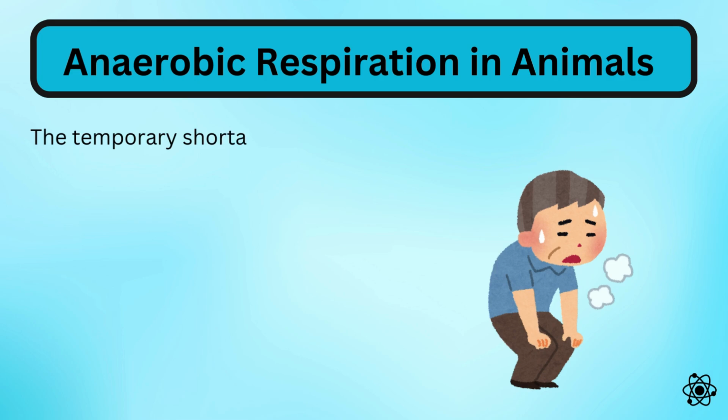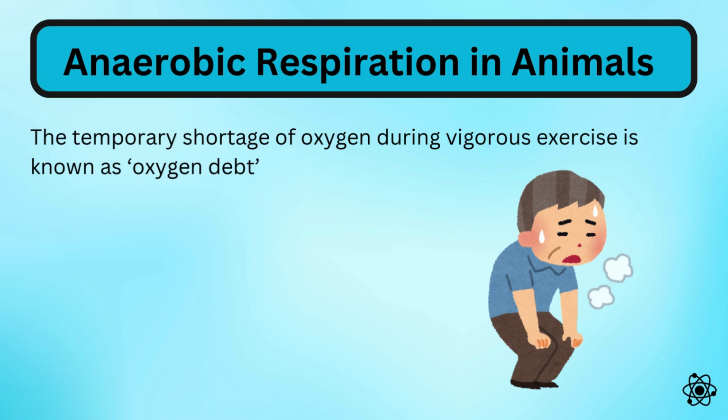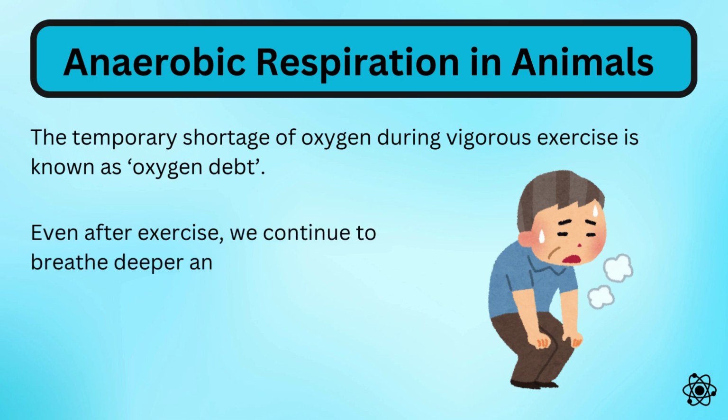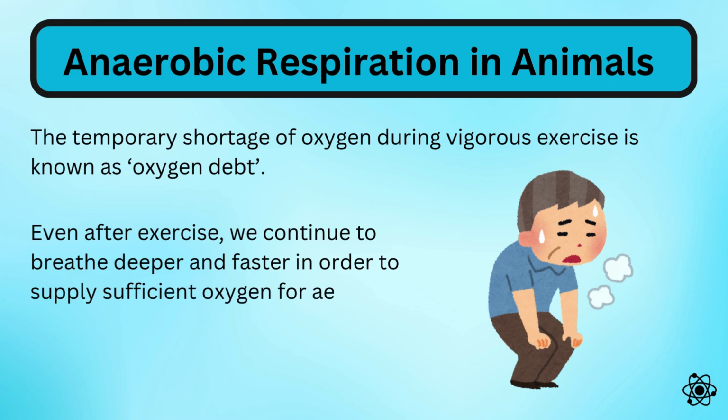The temporary shortage of oxygen during vigorous exercise is known as oxygen debt. Even after exercise, we continue to breathe deeper and faster in order to supply sufficient oxygen for aerobic respiration of lactic acid to repay the oxygen debt.